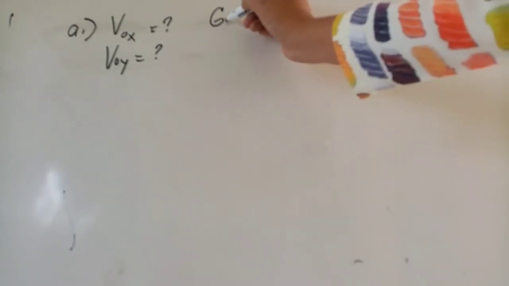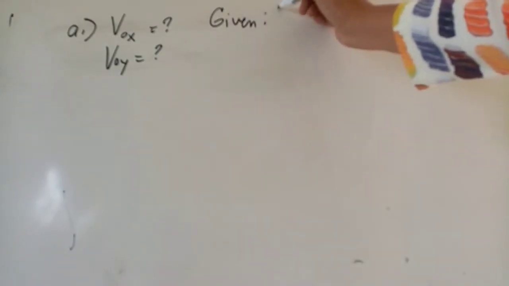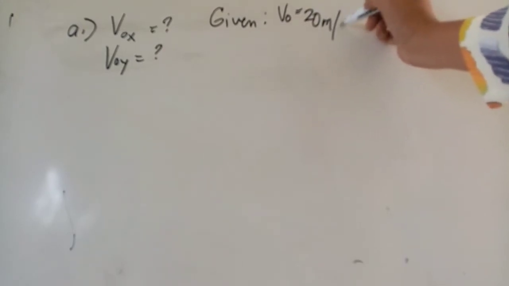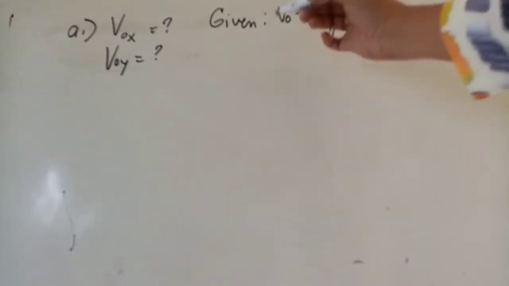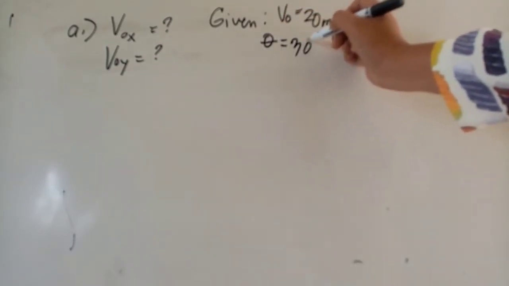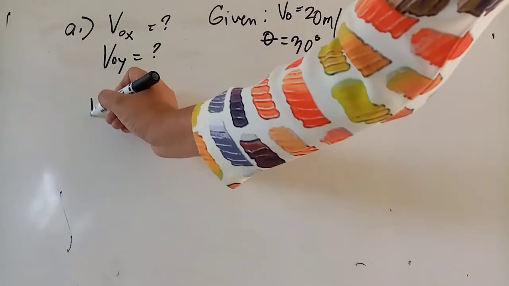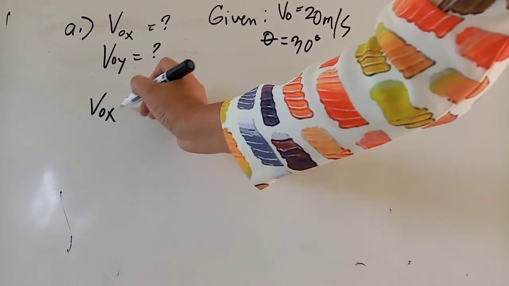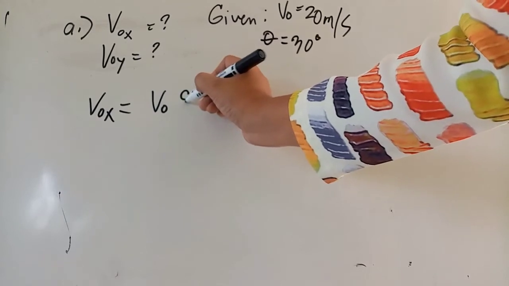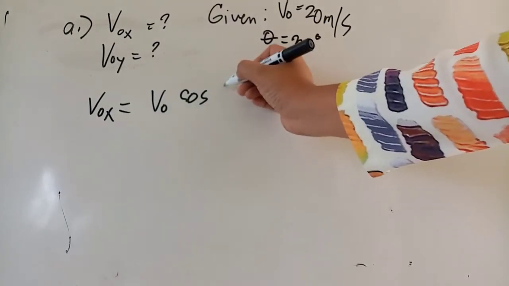So recalling the given, we have our initial velocity equal to 20 meters per second and our angle equal to 30 degrees. To get our initial velocity in x, recall that it is equal to our initial velocity times the cosine of our angle.